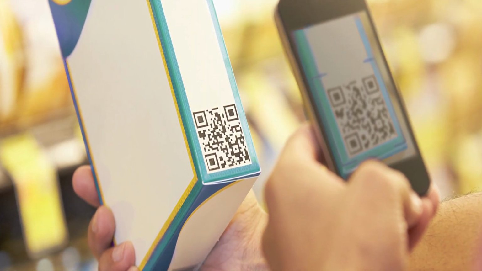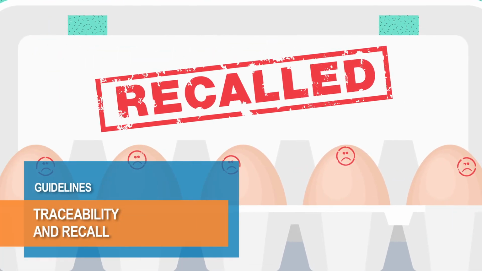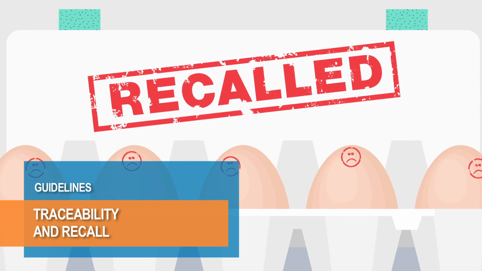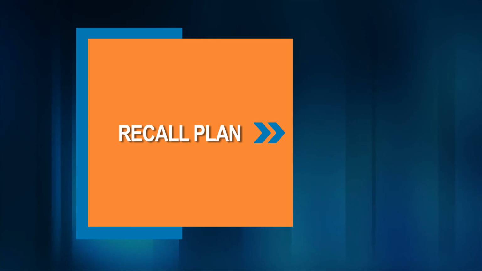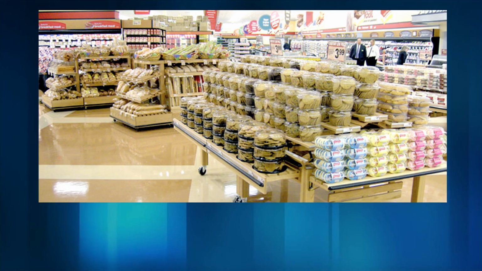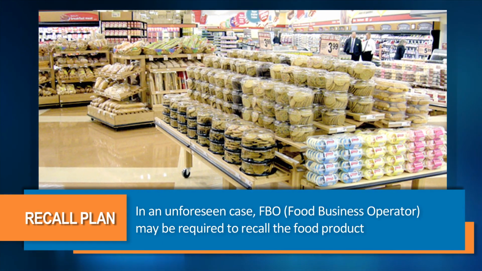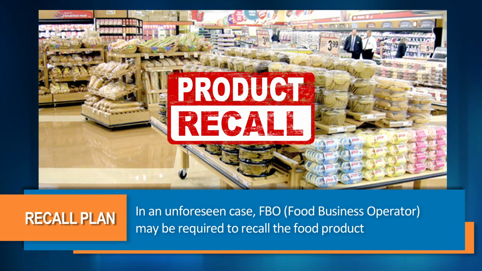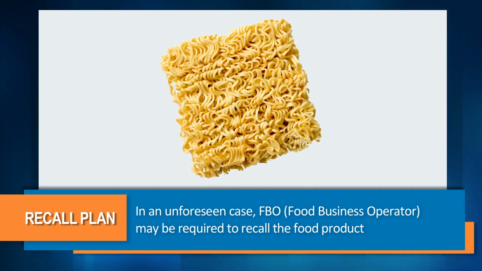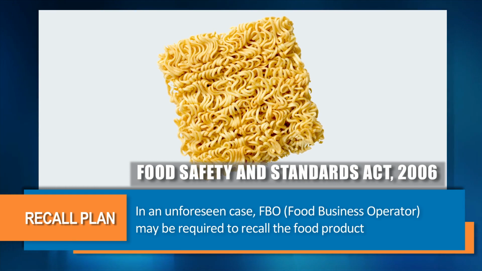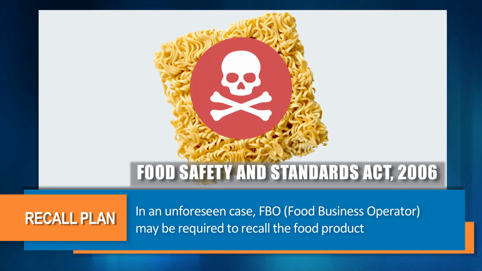In this video, we will learn about mandatory requirements to be followed during traceability and recall of food products. In an unforeseen case, the food business operator may be required to recall the food product if it doesn't meet the requirements of the Food Safety and Standards Act 2006 and it poses a threat to food safety.